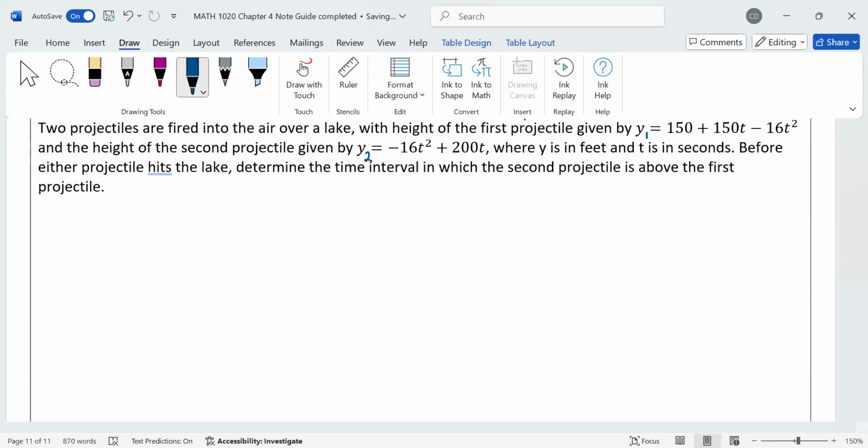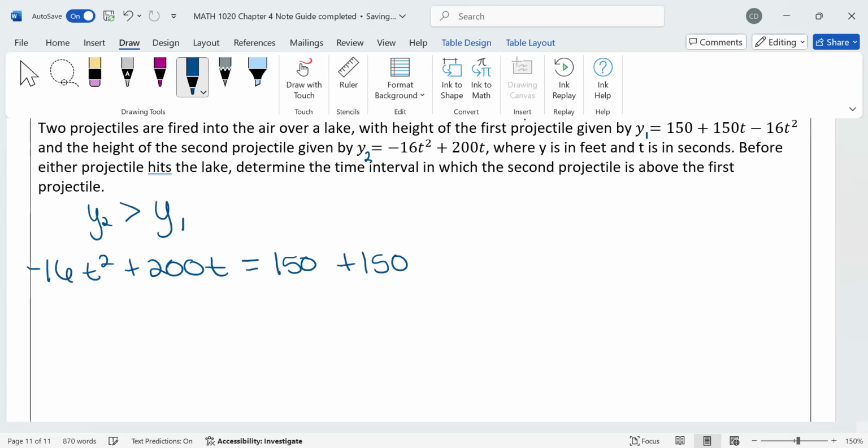Okay, so when the second projectile, when is y2 above or greater than y1? I'm just going to go ahead and put an equal sign. All right, so I want to put everything on one side.